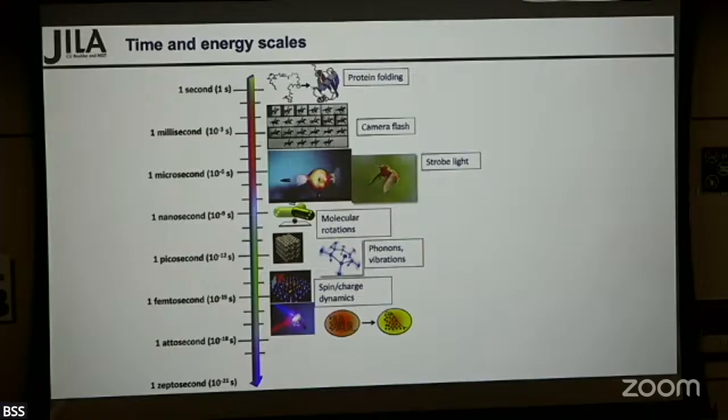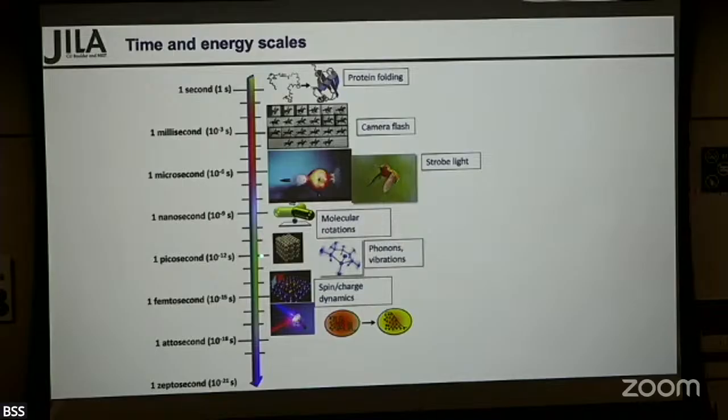For example, you went from camera shutters, which can freeze the motion of a speeding bullet, to a picosecond, where you can start seeing the influence of coherent phonons, of coupling between different vibrational states. So the chemists had a field day looking at many of these processes, and so did the material scientists.